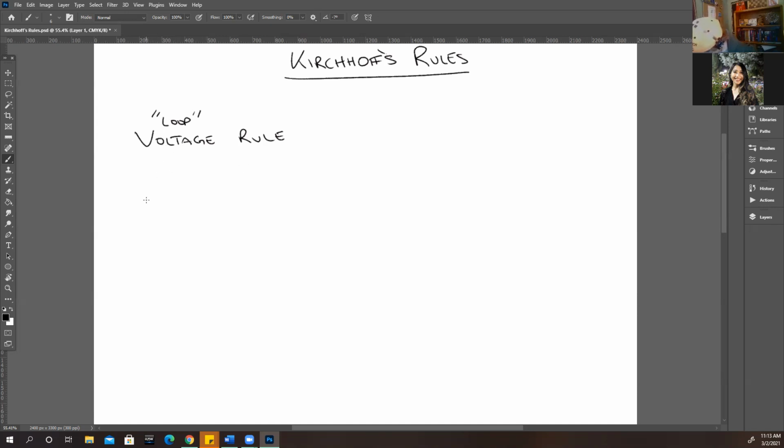And there is the current rule, also known in some places as the junction rule. I don't believe they are numbered, so you might see one numbered before the other. They're more or less just referred to by their name.